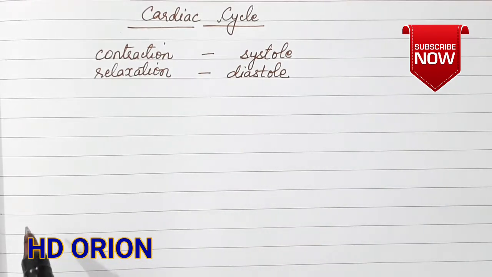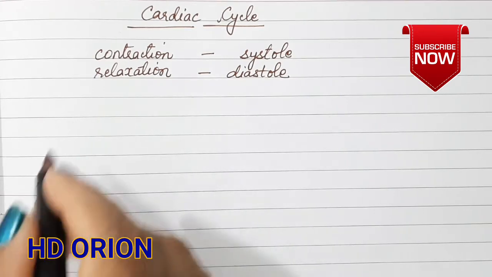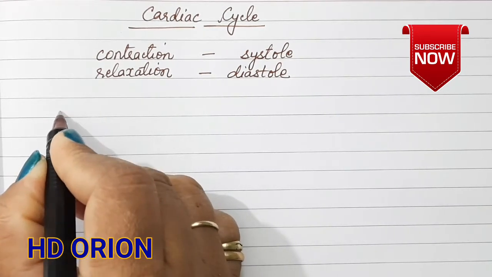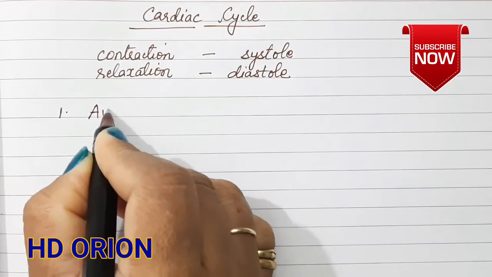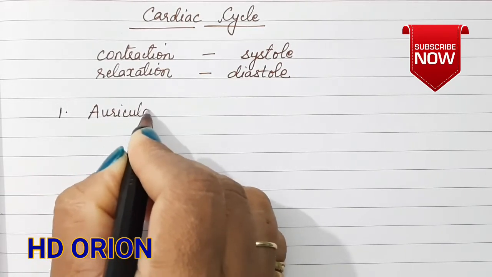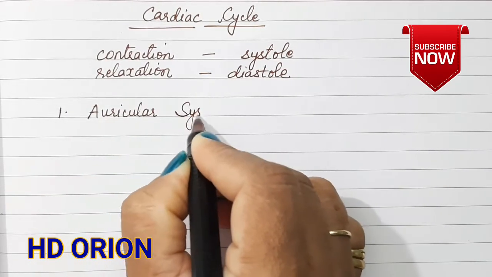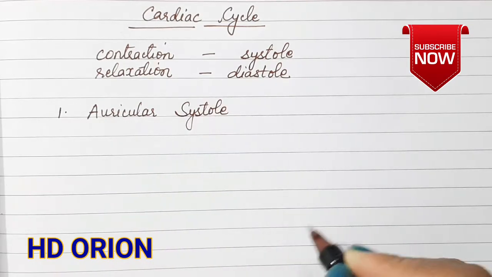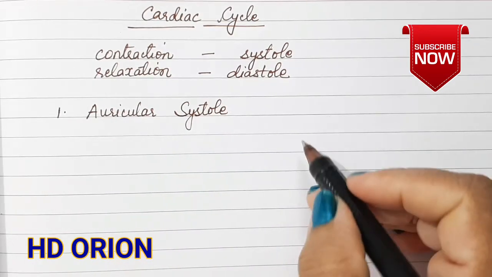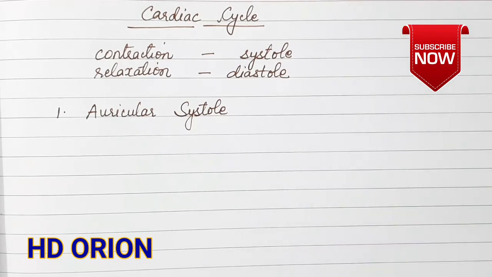The cardiac cycle completes in three main steps. The first step is auricular systole. To understand this, let us draw a sketch of the heart.